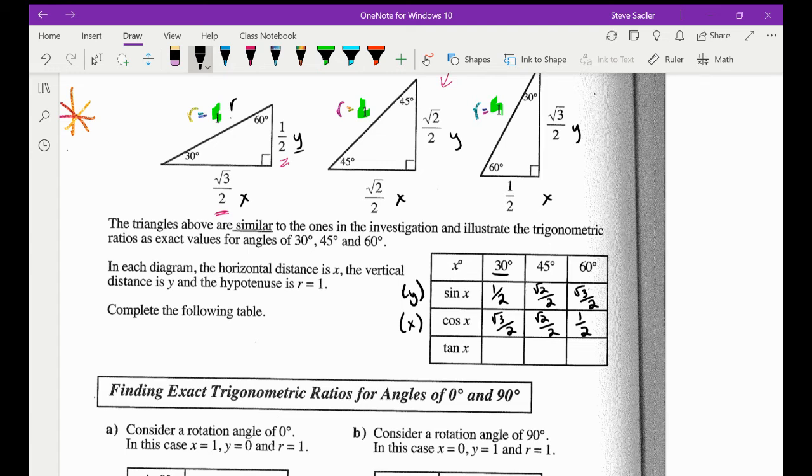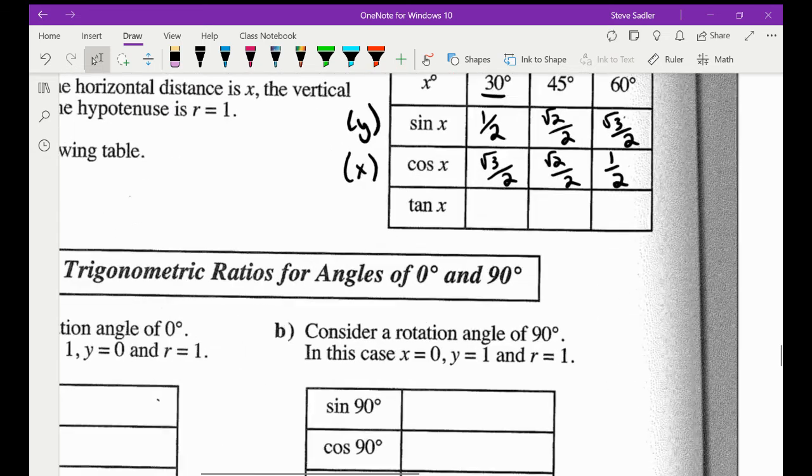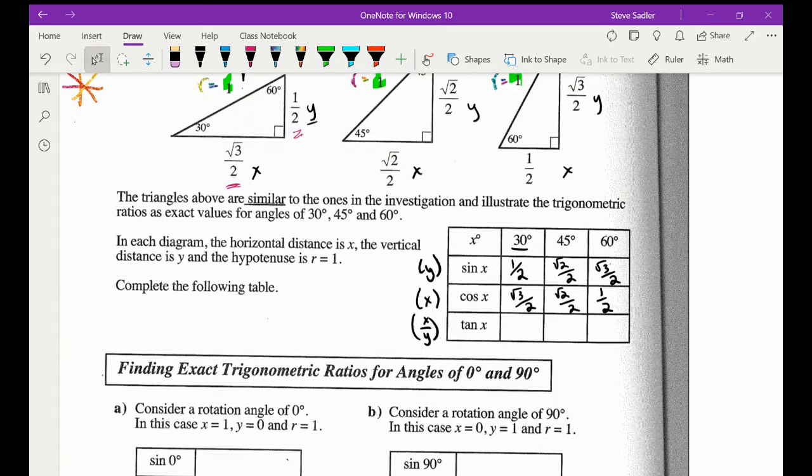And then tan's interesting. So tan is always the y divided by the x of these special triangles. If that's the case, our tan of 30 is going to be 1 over root 3, or we can rationalize that to be root 3 over 3. 45, you can see they're the same.